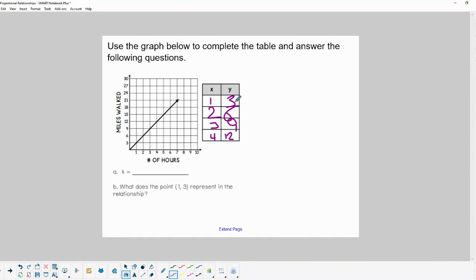So if we do y divided by x, in each case, 3 divided by 1, 6 divided by 2, or 12 divided by 4 for that matter, they all equal 3. That's our constant of proportionality. So our equation would be y equals 3x.